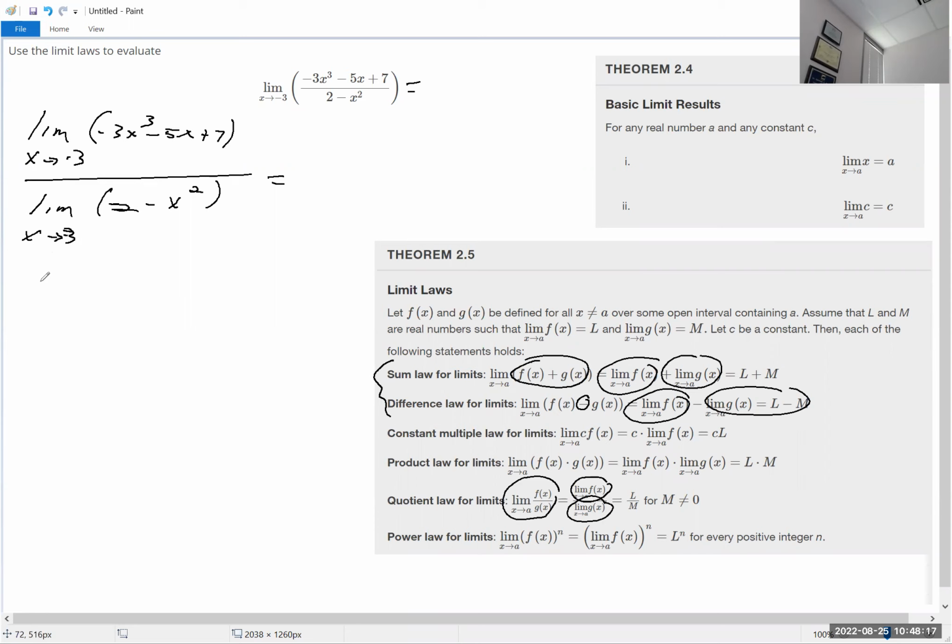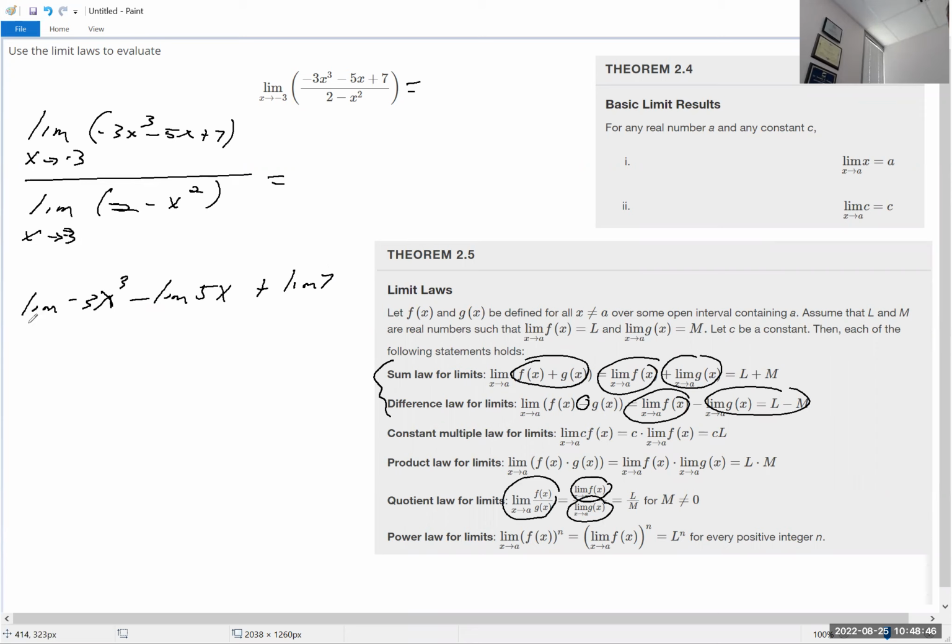In other words, let's take the numerator and write it as a limit of -3x cubed minus the limit of 5x plus the limit of 7. Okay, and all of those are going to be as x approaches -3.